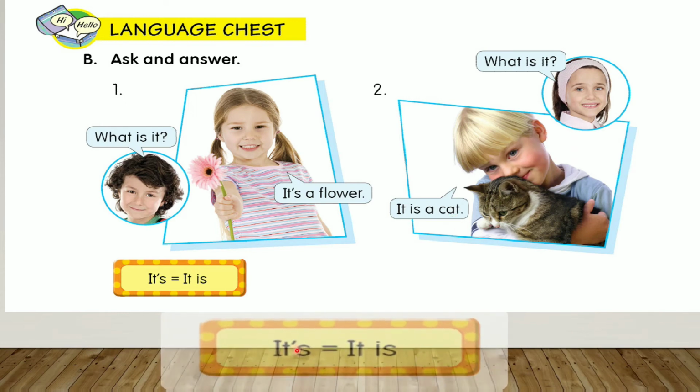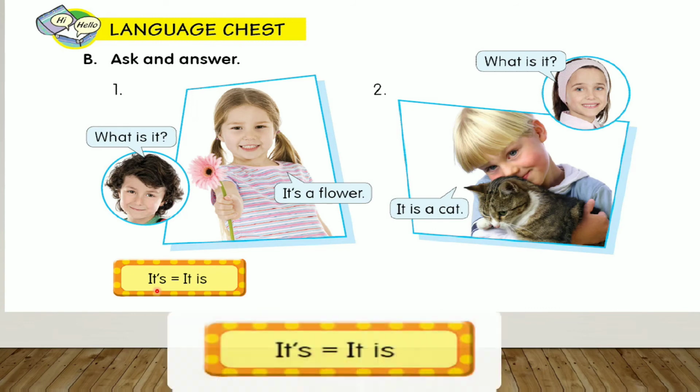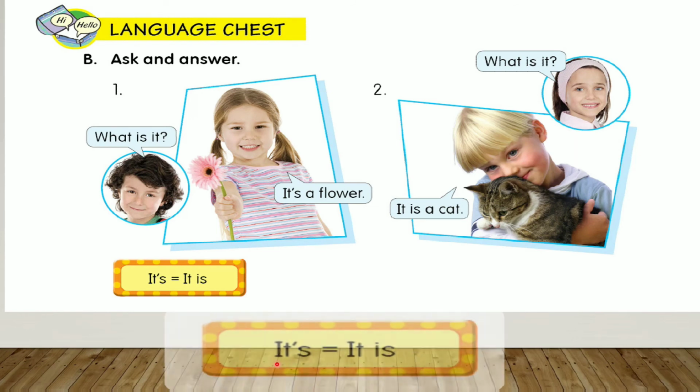This is read as "it's," but it's the same as "it is." "It's" is the short form of "it is." You can say "it's" or you can also say "it is." Just like here, "it's" is the same as "it is."